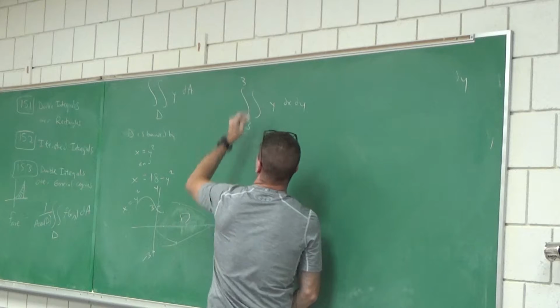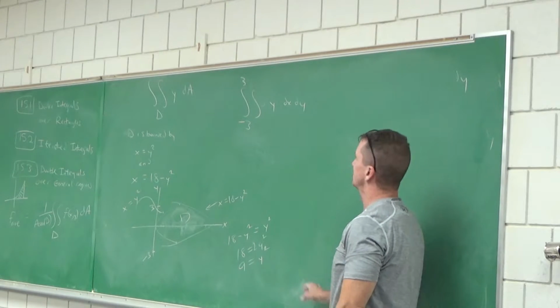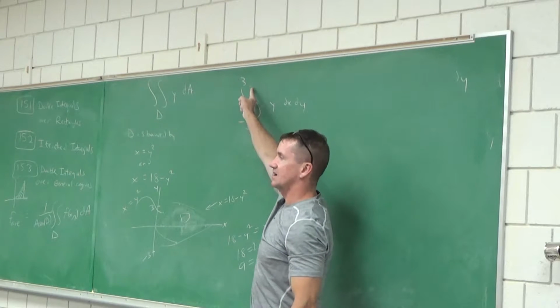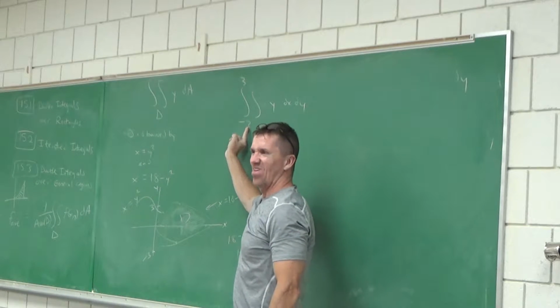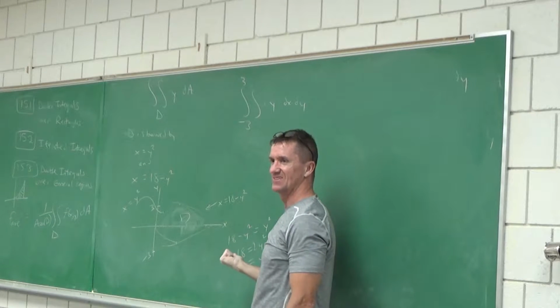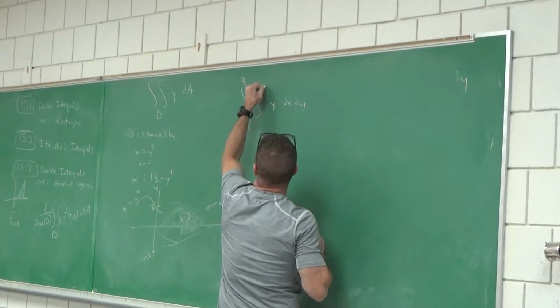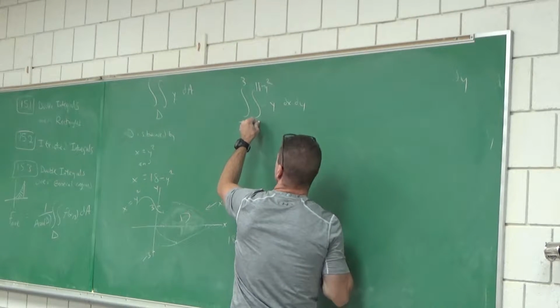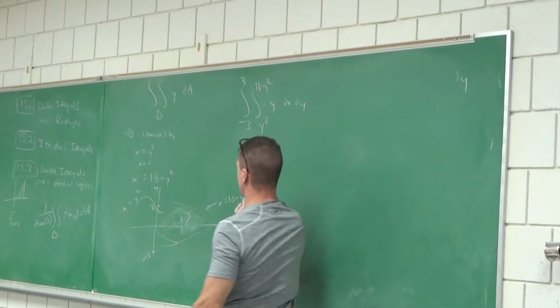These are my y values. Now, I want to make sure you get these limits right. Which equation goes there? And which equation goes here? Remember right minus left? Which one's on the right? 18 minus y squared. There you go, and the left is the other one. Right minus left.